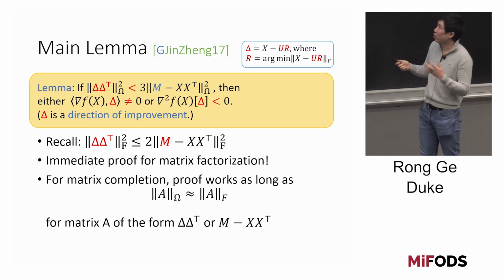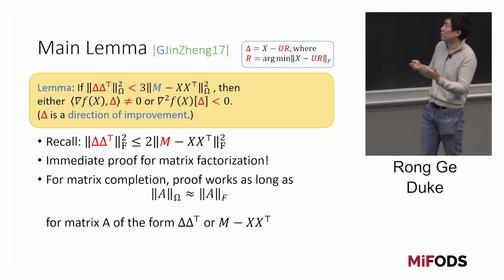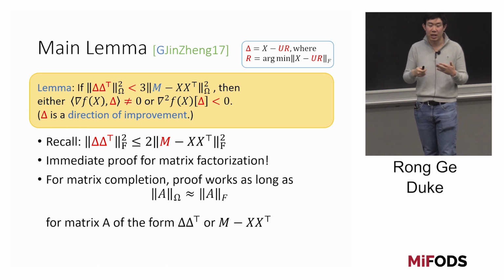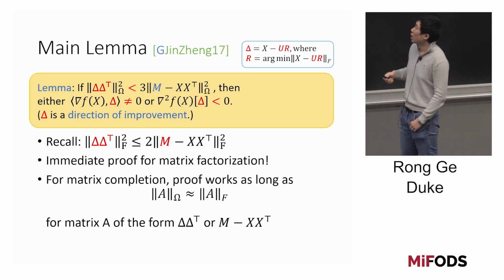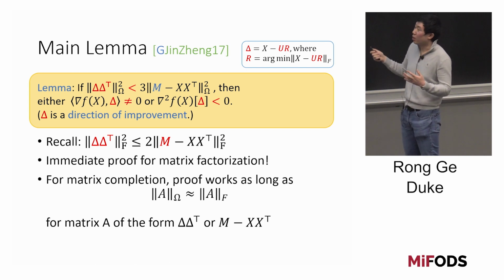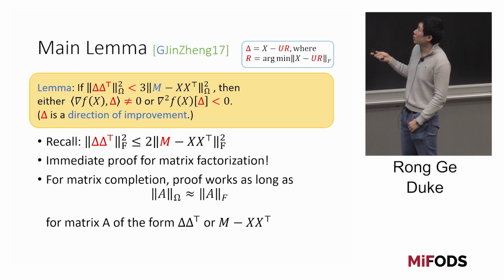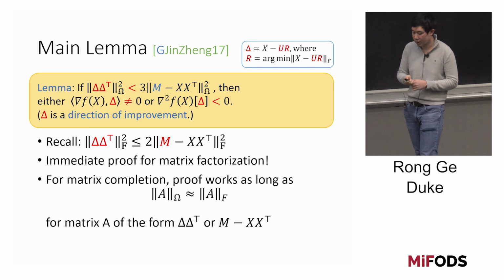More precisely, we want the omega norm of these matrices to be within a 1 plus or minus epsilon multiplicative factor of its Frobenius norm. And we don't need this for all matrices. That's not going to be possible. But we only need this to be true for matrices of the form delta transpose or M minus XX transpose.